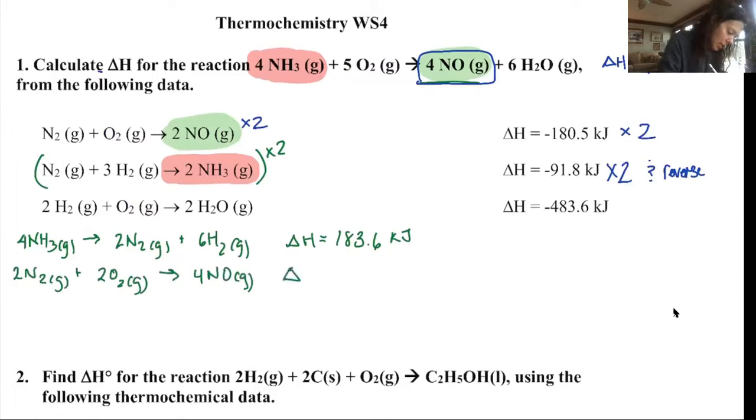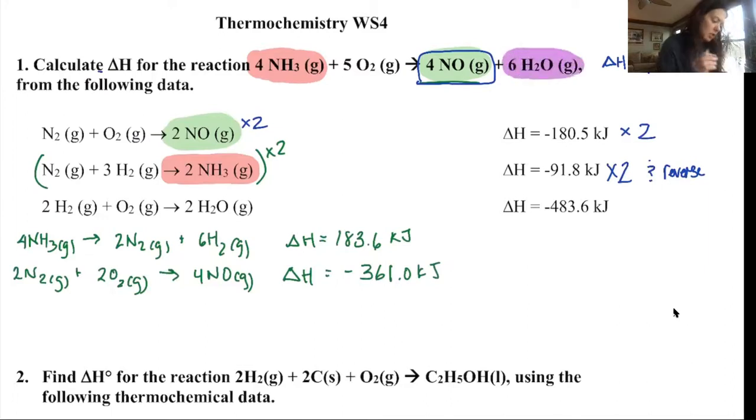And my delta H for that is still negative 180.5, but it is multiplied by 2 because we have 2 of those reactions. So it's now negative 361 kilojoules, okay?